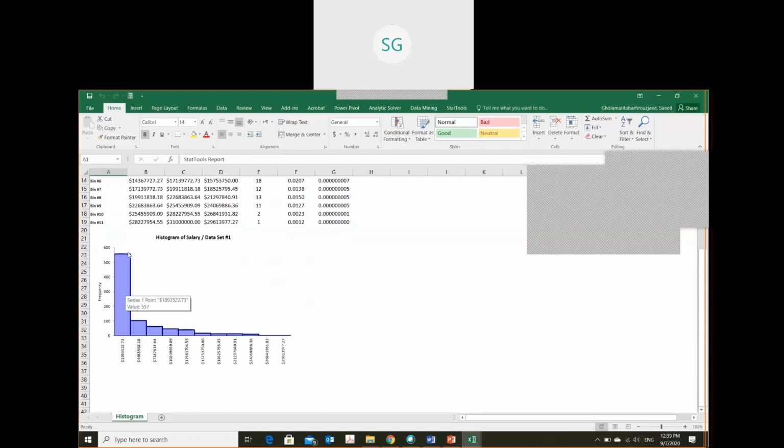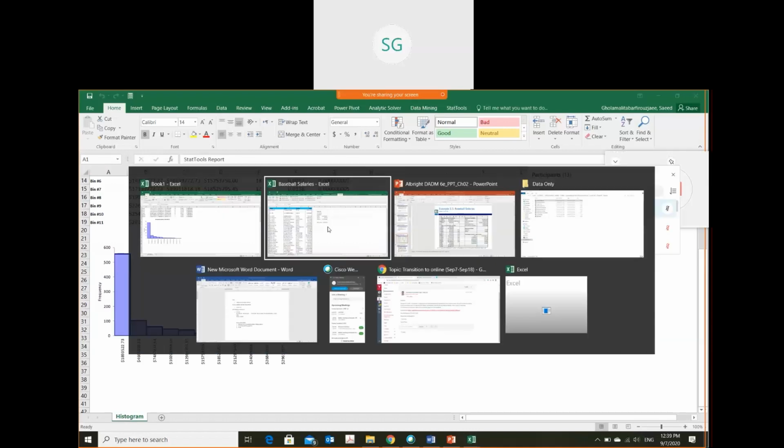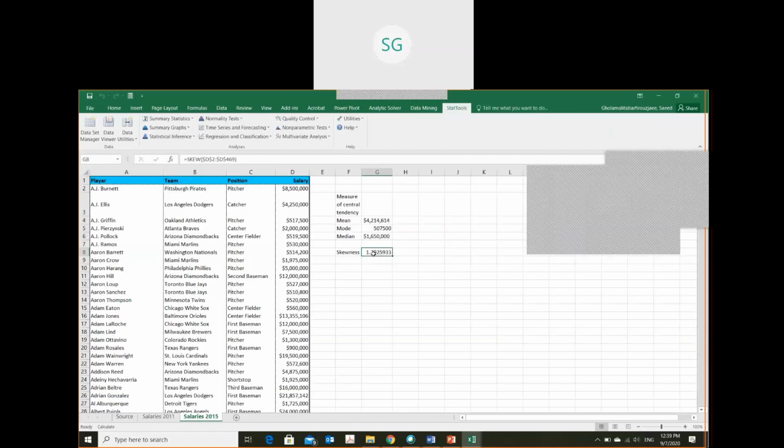It starts from large frequency numbers, and it goes down to these numbers. So this picture shows that it is skewed to the right. Exactly the same result that we got from this function, skewness to the right.